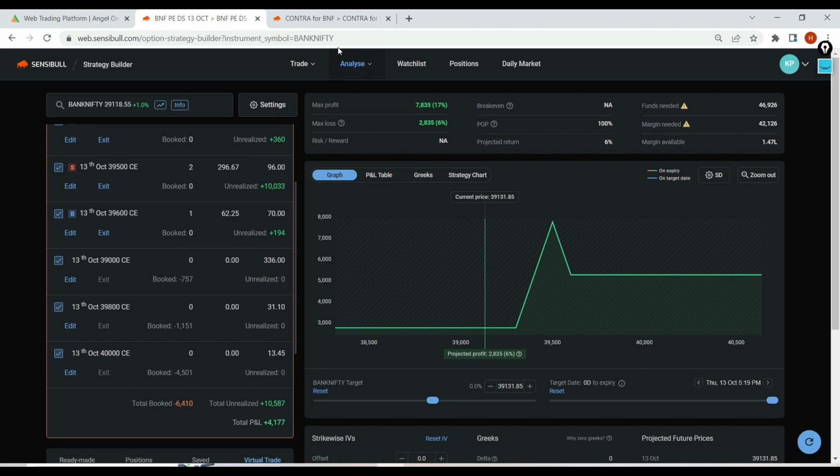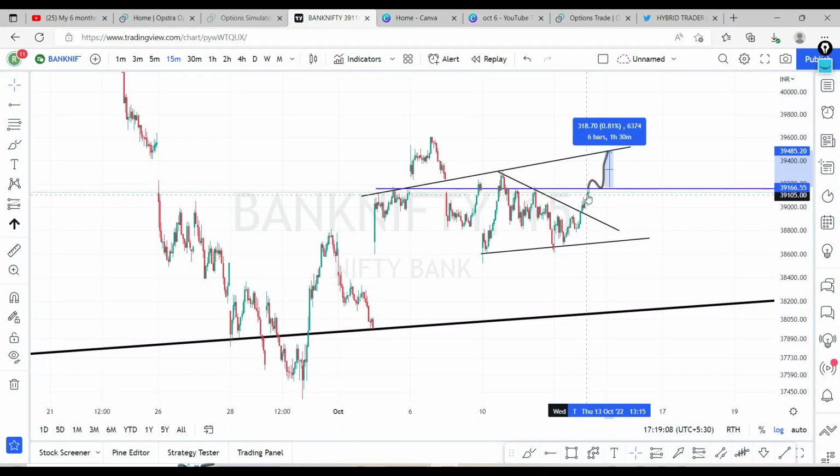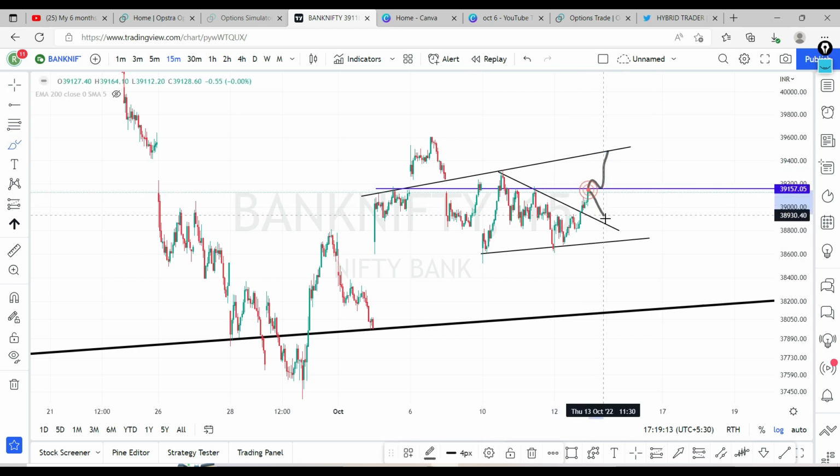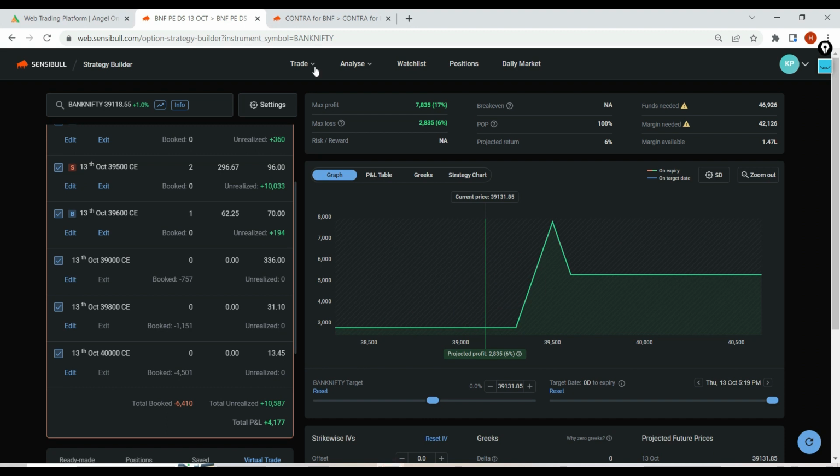If the market comes down, meaning this gets respected and maybe tomorrow the market comes down, it can take support at this resistance, or else come here. In that case, my contra trade will give me profit.